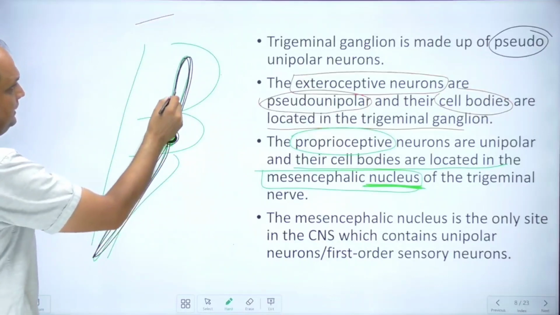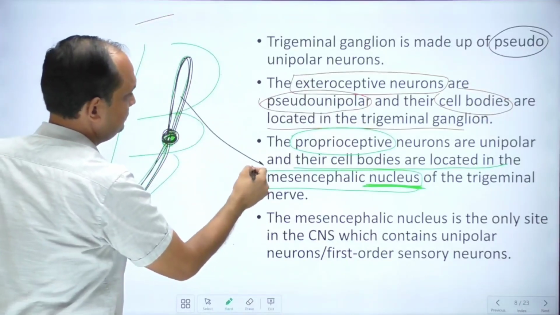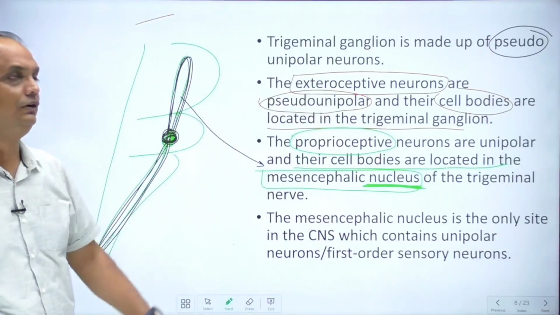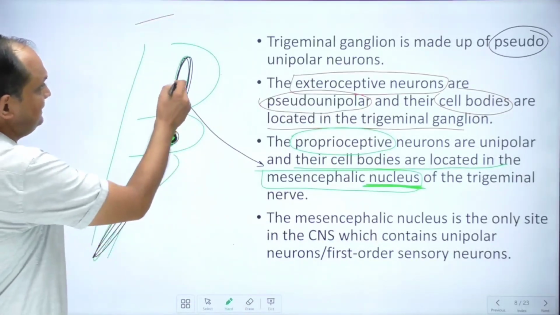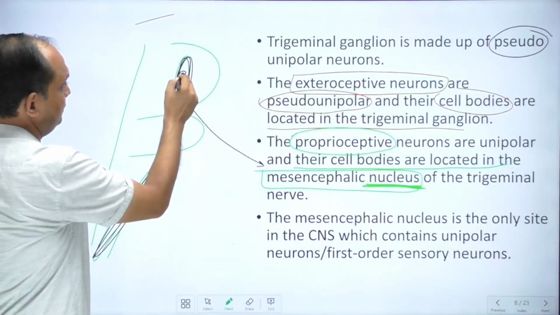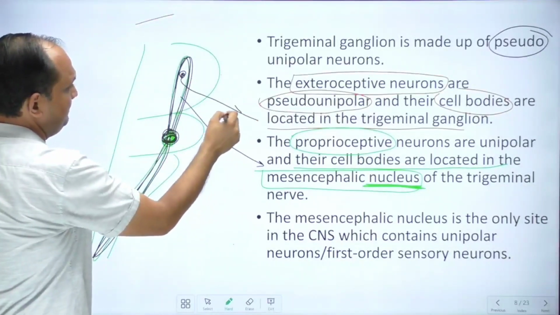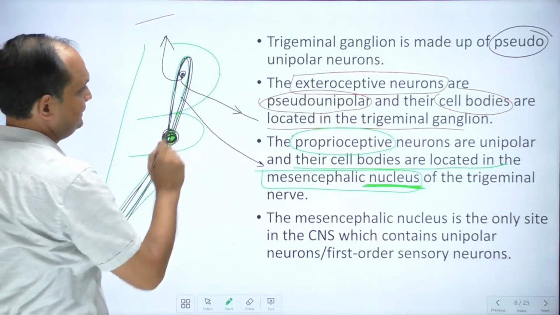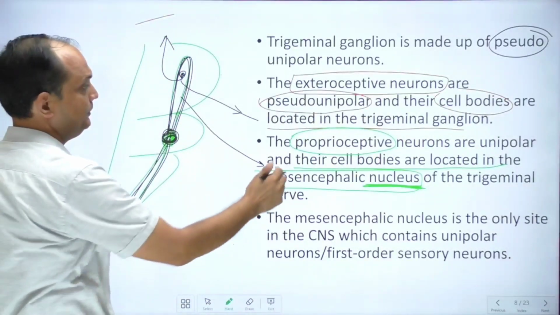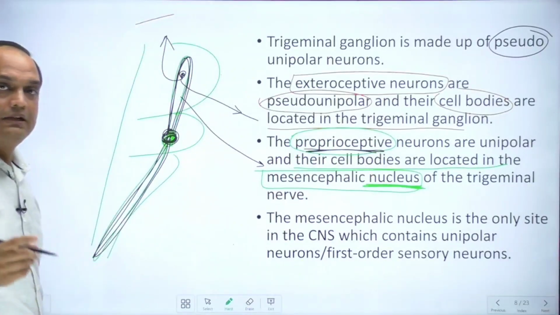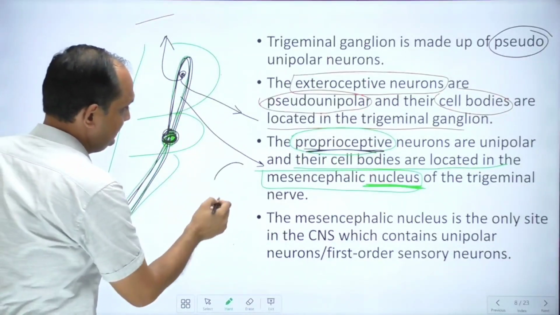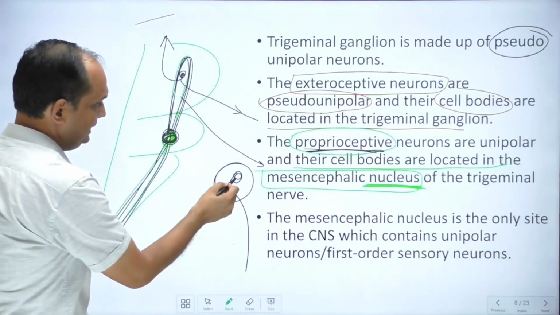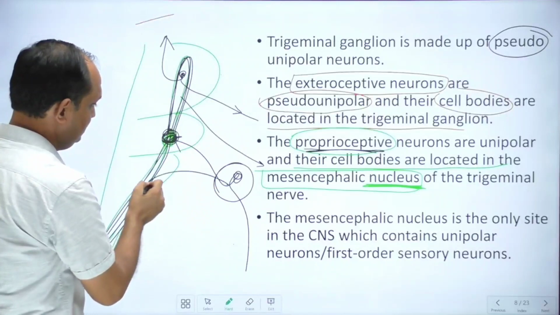The upper part is known as the mesencephalic nucleus. Mesencephalon means midbrain. This mesencephalic nucleus has neurons, and these neurons have a peripheral process and a central process. These peripheral processes are taking the sense of proprioception, while the neurons present in the trigeminal ganglia are carrying exteroception, and then they will relay into another nuclei.